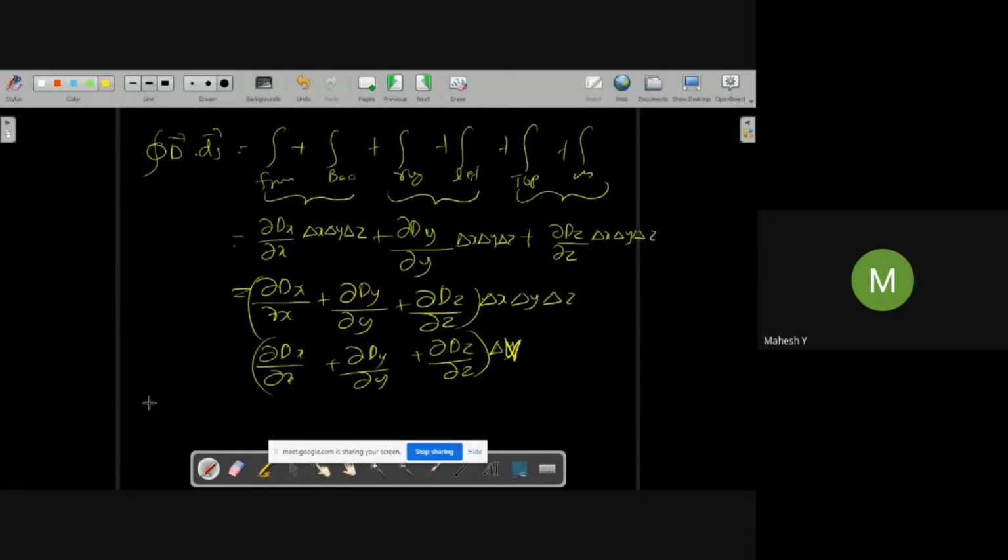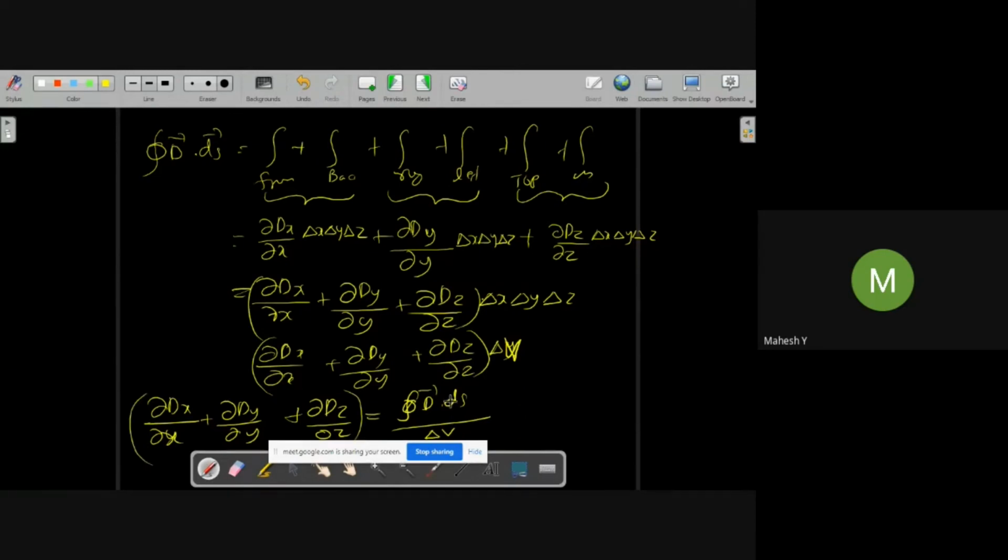Volume, small volume, right? So we can define from this ∂Dx/∂x plus ∂Dy/∂y plus ∂Dz/∂z is equal to closed integral D dot dS divided by Δv.